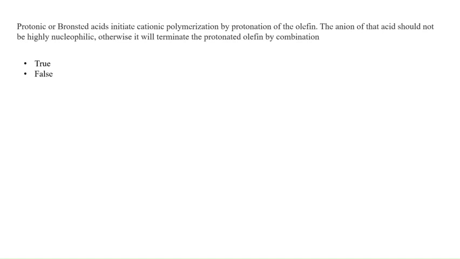Next we have: protonic or Bronsted acids initiate cationic polymerization by protonation of the olefin. The anion of that acid should not be highly nucleophilic, otherwise it will terminate the protonated olefin by combination. Whenever the acid mixes with the monomer unit, it will form an ionic dipole inside the molecule itself.